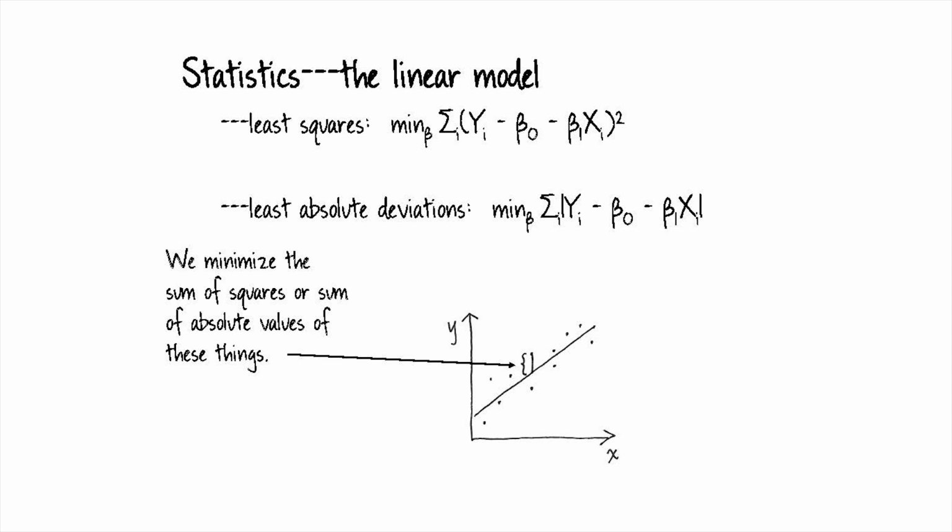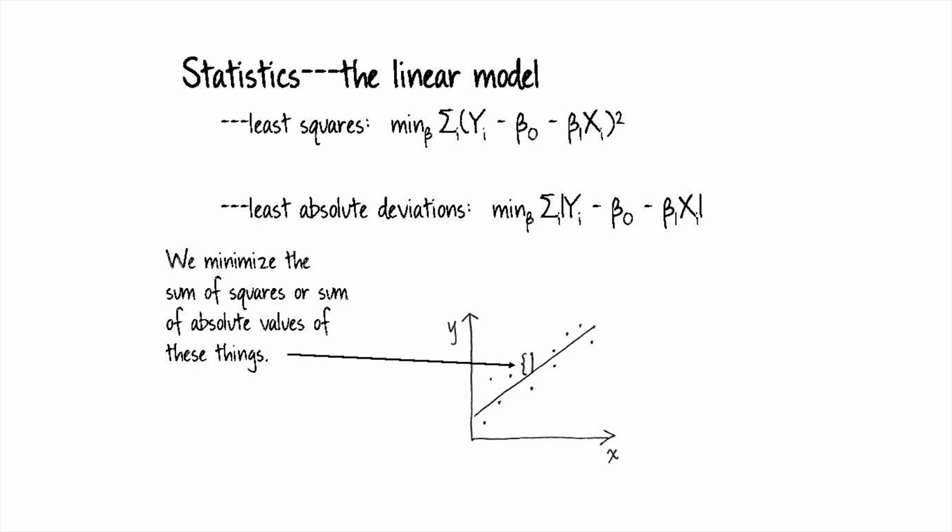So actually the least squares estimator and the least absolute deviations estimator have the same picture, because for the least squares estimator we're just taking this quantity here and squaring it, and for the least absolute deviations, we're not squaring it. We're just taking the absolute value. Okay?